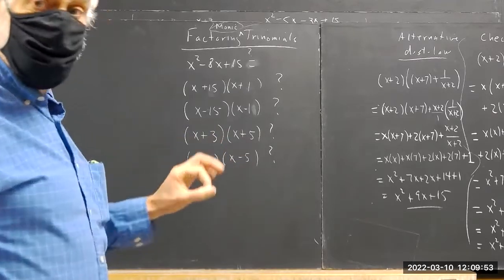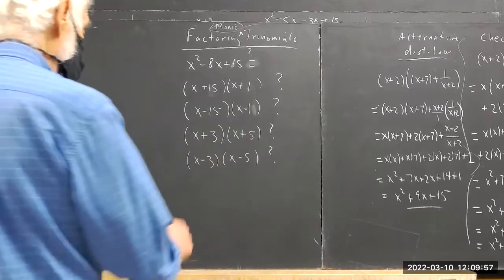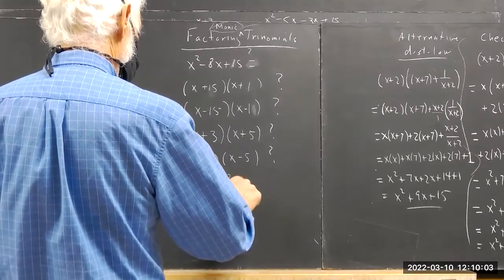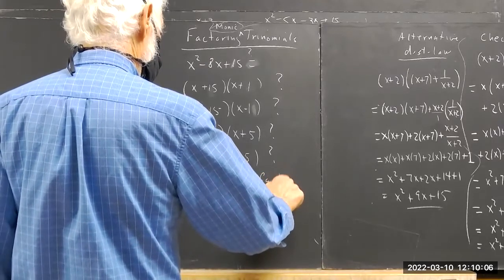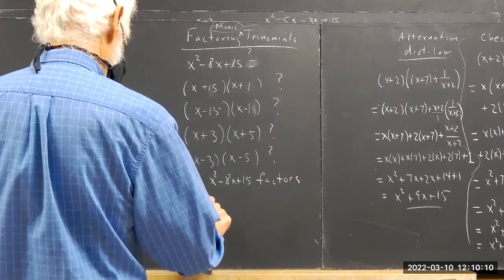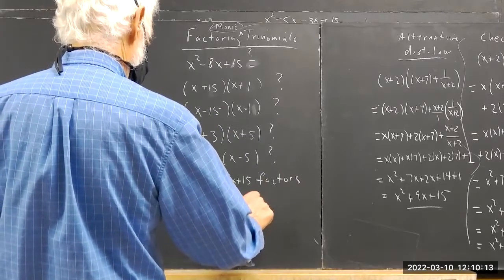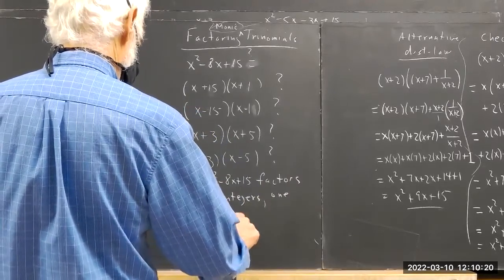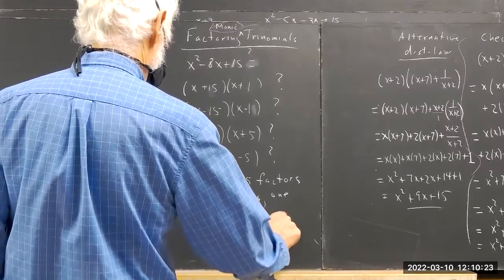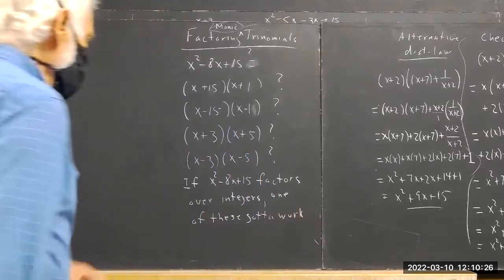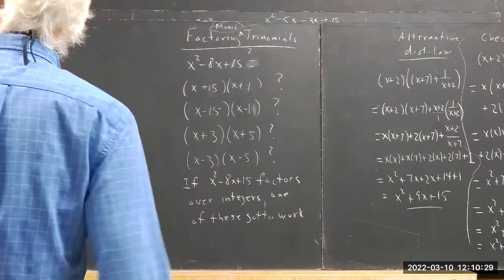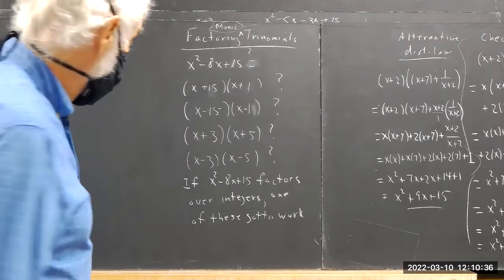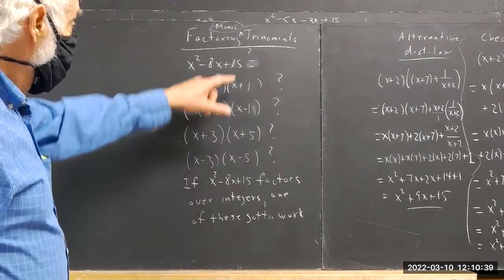I'm going to say, if this expression factors over the integers, one of these has got to work, right? Because these are the only pairs of integers that multiply out to 15.